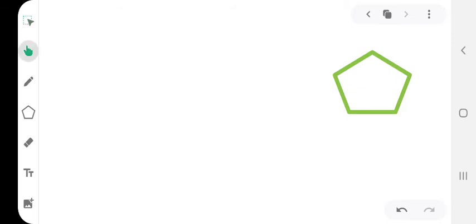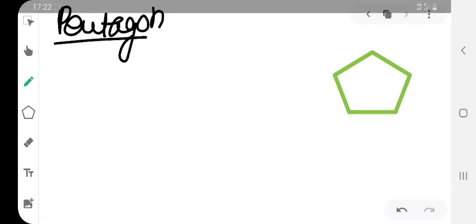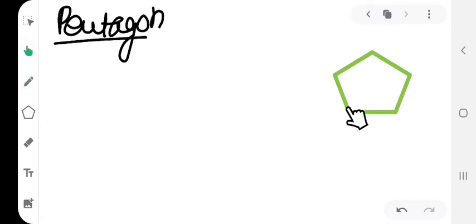In a similar way, if I talk about this figure, tell me the name of this figure. It has 1, 2, 3, 4, 5 sides. What is this? This is a pentagon. Let us talk about this pentagon. If I have to find out the formula of perimeter for a regular pentagon, regular pentagon means which has all the sides same. So all the sides of this pentagon are same.